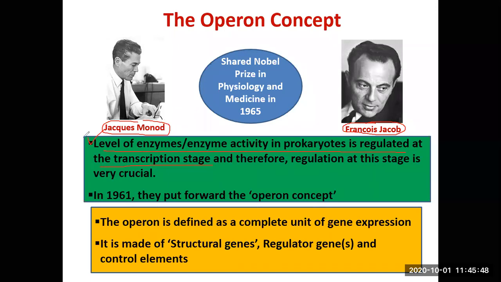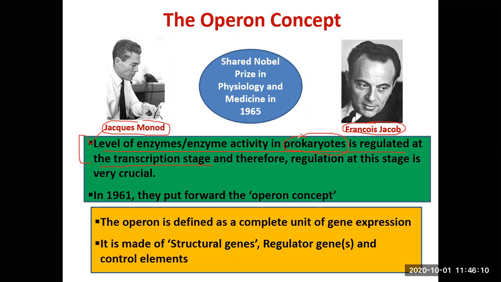Very important statement: the regulatory switch for regulating the level of enzymes, meaning the number of copies of enzymes or their activity, in the case of prokaryotes, please understand, we are talking about prokaryotes. In the case of eukaryotes, there are further levels of regulation.